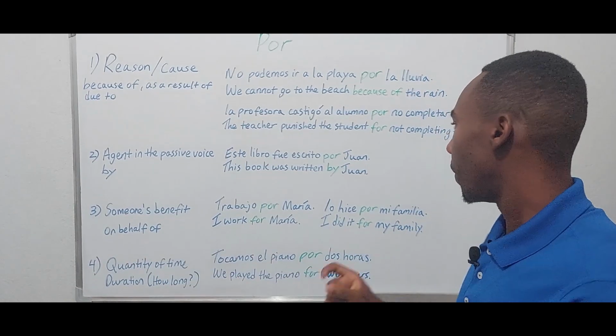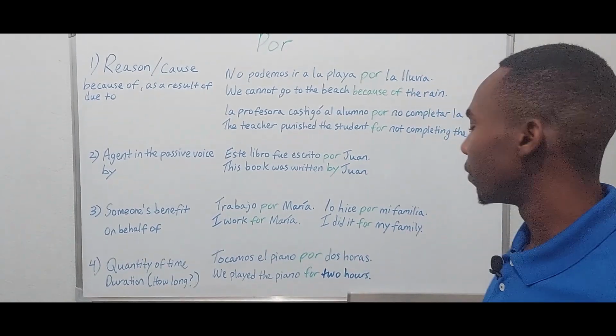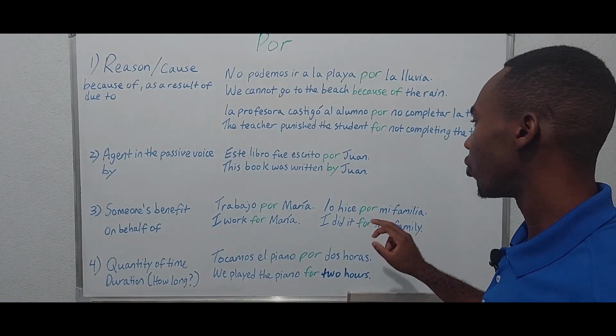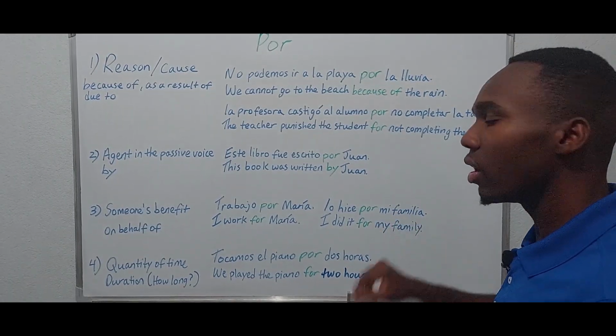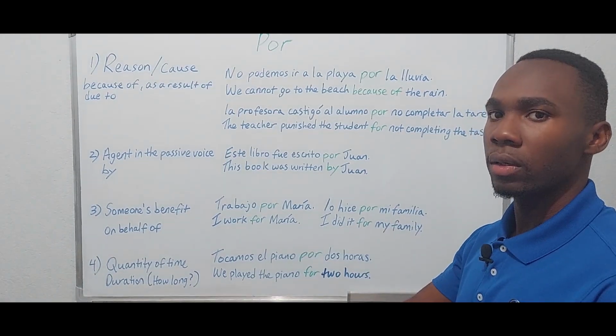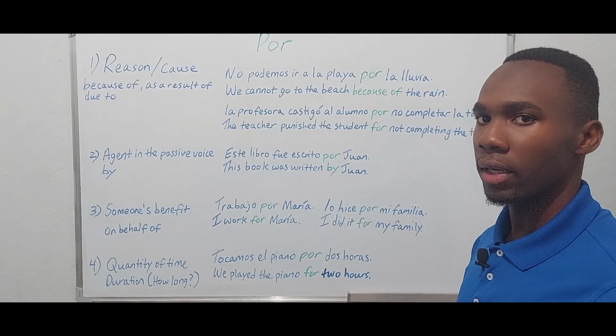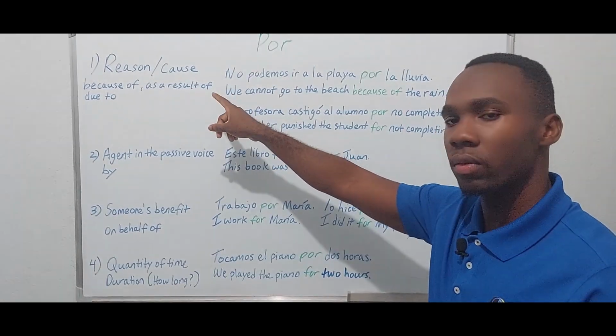Okay? Now, pay attention here. You would realize that this could also translate as "I did it because of my family." Right? But that would be a different meaning. Right? That would be giving the cause.